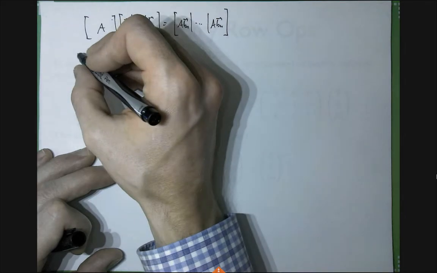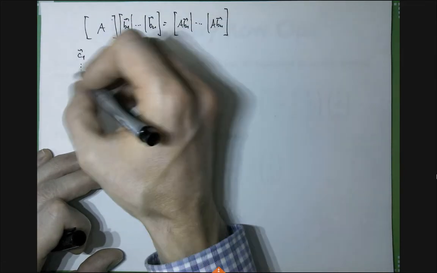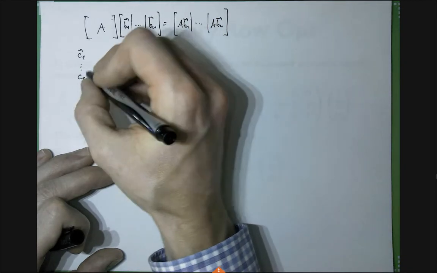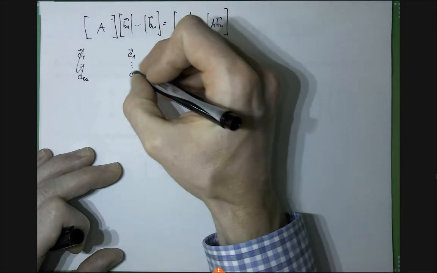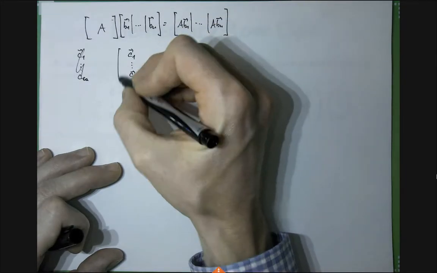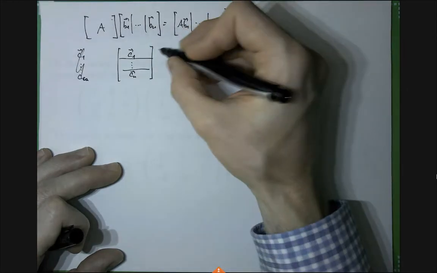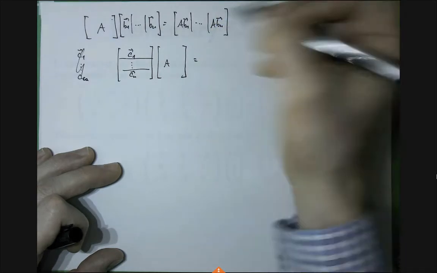If I'm multiplying from the left with some matrix C, I write the rows of C: C1 to Cn, those are some rows. So those are row vectors this time. And I'm multiplying with A. What do you think we will get?